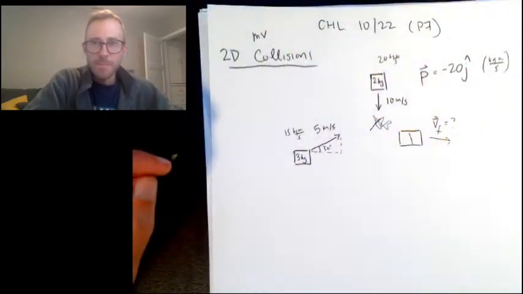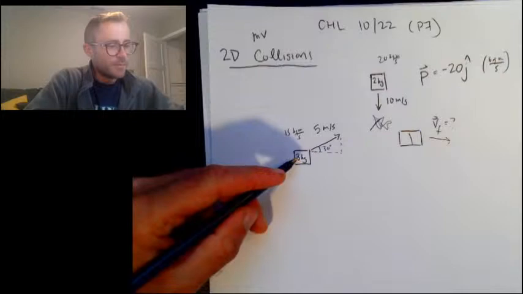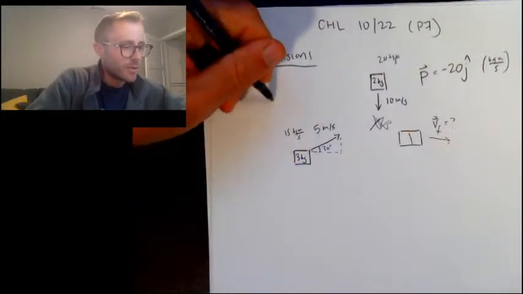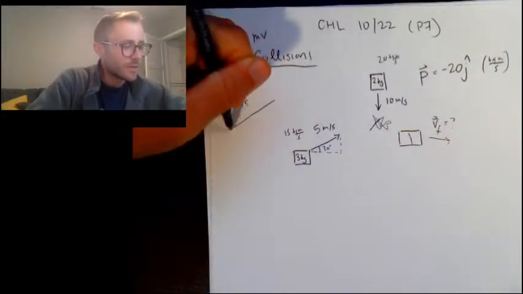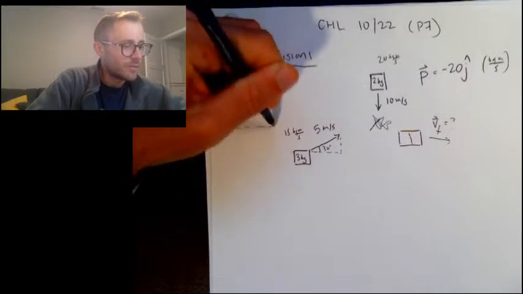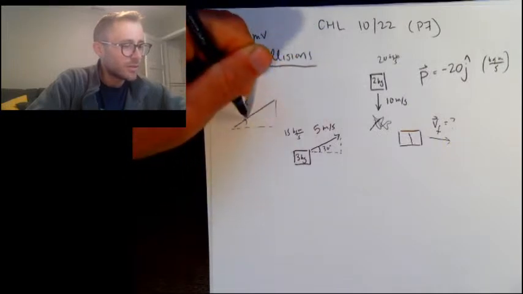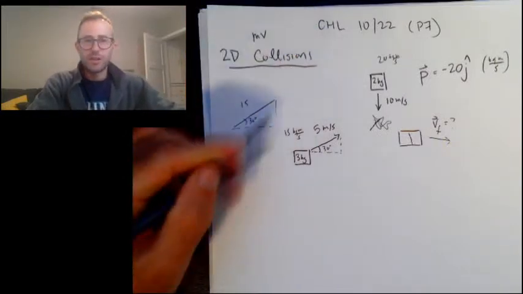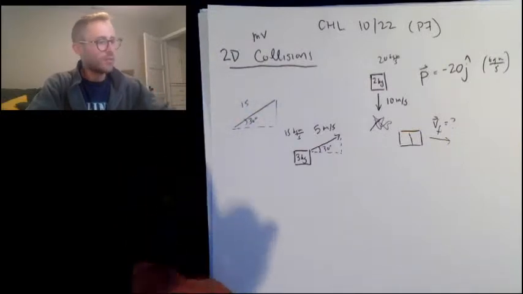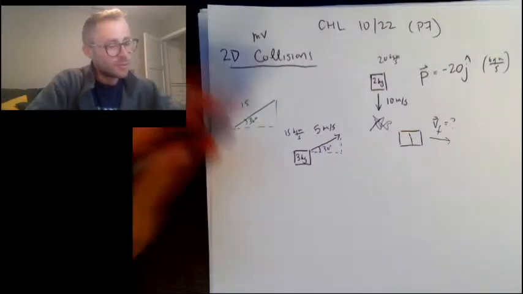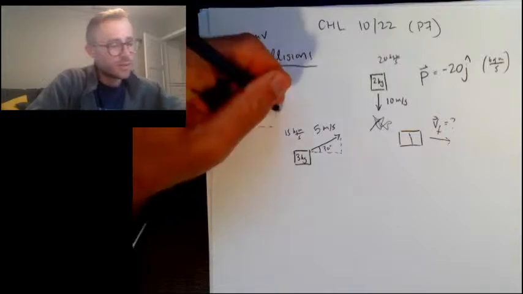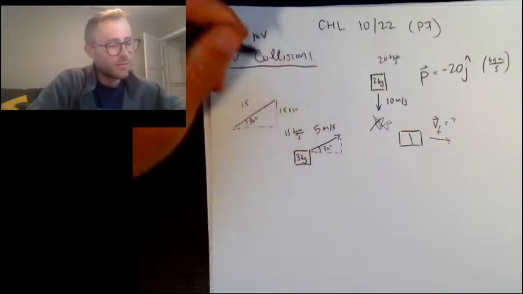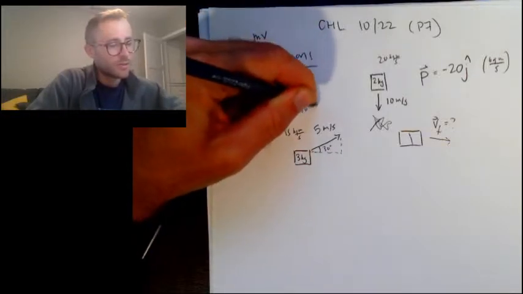All right. This one, we know it has a momentum of 15, and we know that this angle is 30 degrees. So we can use trigonometry to figure out the i and j components. So this one would be 15 sine of 30, which is 7.5.